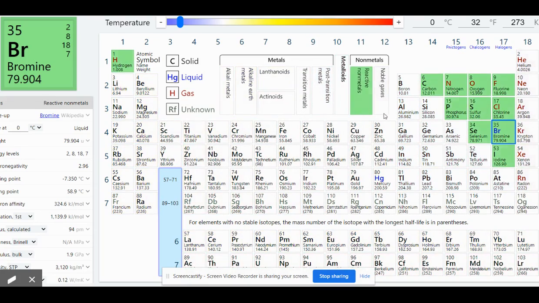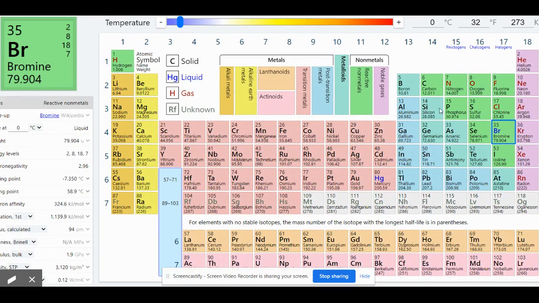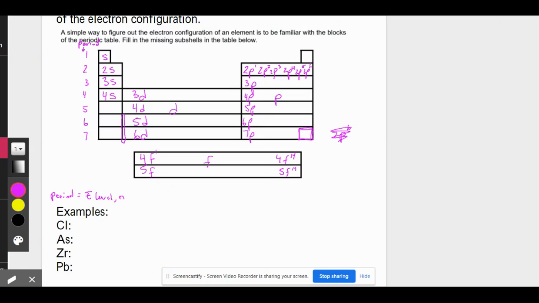So it goes from 3s over to 3p, and we're moving over 1, 2, 3, 4, and 5 places to get to chlorine. So chlorine is going to end with 3s2 and then 3p5.